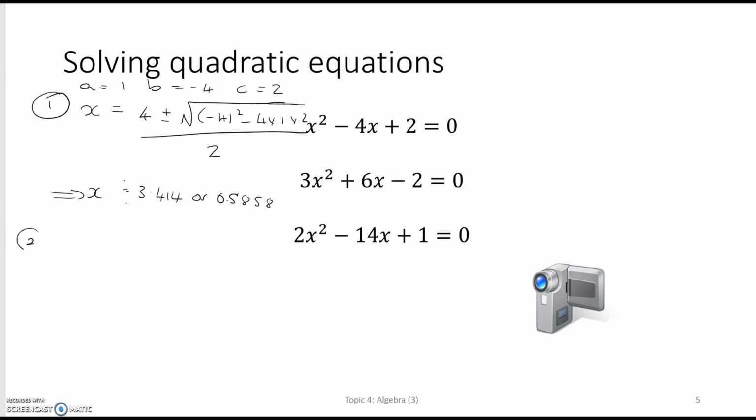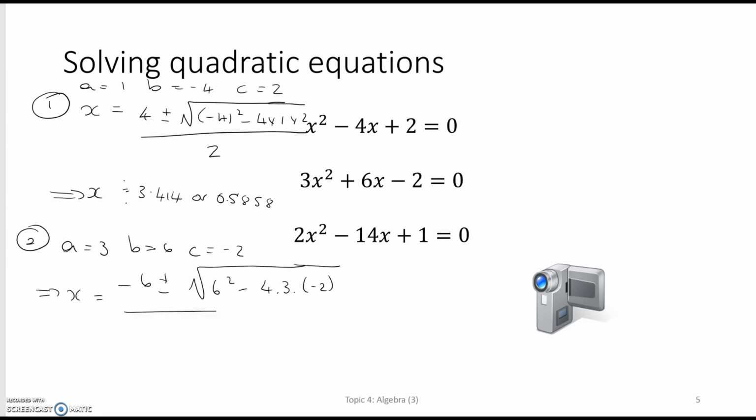Number 2. Again, write out that A is 3, B is 6, C equals negative 2. So x equals negative 6 plus or minus the square root of 6 squared minus 4 times 3 times negative 2, all over 2 times 3.